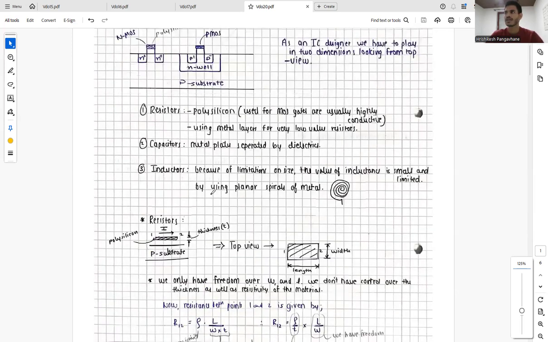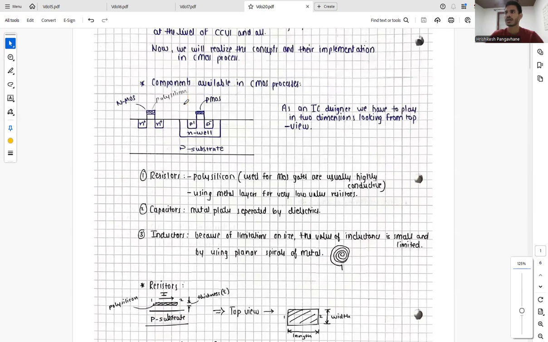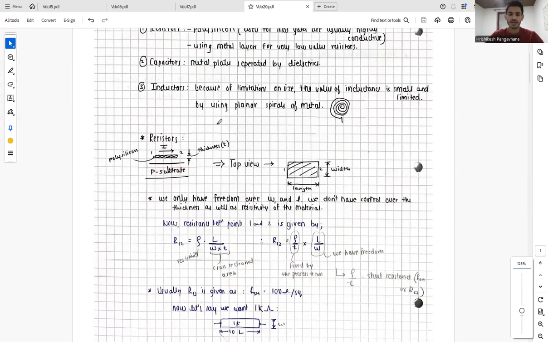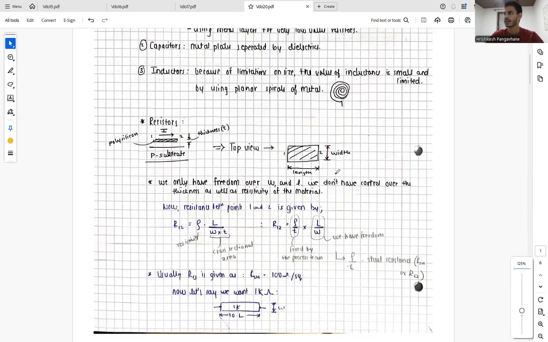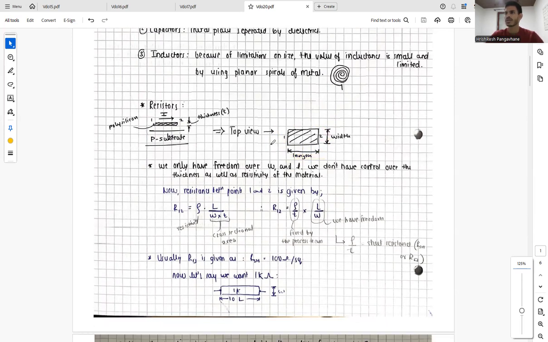And as we discussed, we have the freedom to work in the top view. So if we take a top view of this resistor, we have a resistor from point 1 to point 2, which is our polysilicon layer, and it has its width and its length. We only have the freedom over width and length, and we don't have control over the thickness as well as the resistivity of the material.